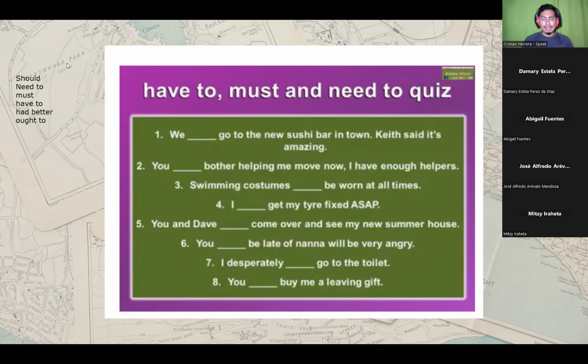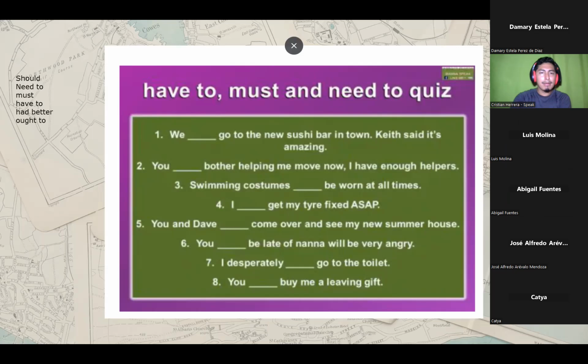We only have 8 sentences, so I hope most of us can participate in these activities. Actually, today I have only 8 students, so maybe we can complete 1 sentence per person.